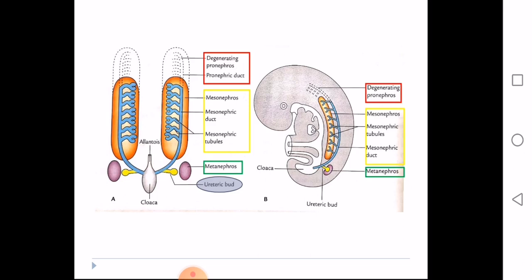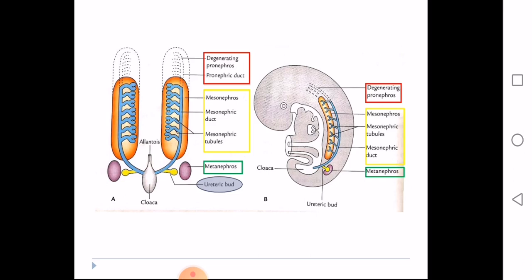So you can see the mesonephros, and you can see a series of excretory tubules that are developing in the mesonephros, and these are draining into the mesonephric duct. So mesonephric tubules, the excretory tubules that are developing in the mesonephros, are draining into the mesonephric duct.